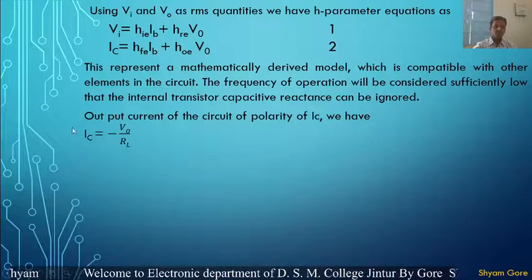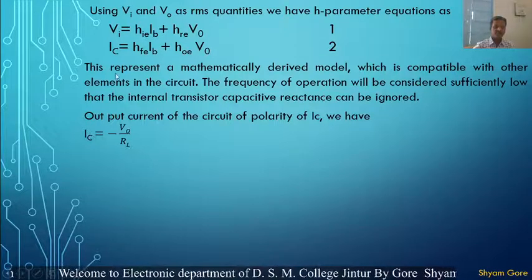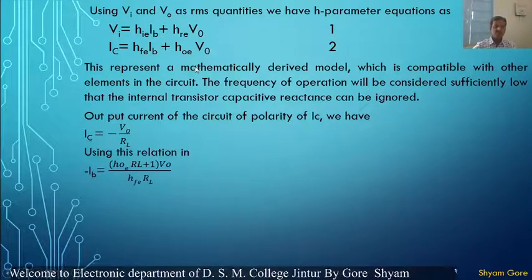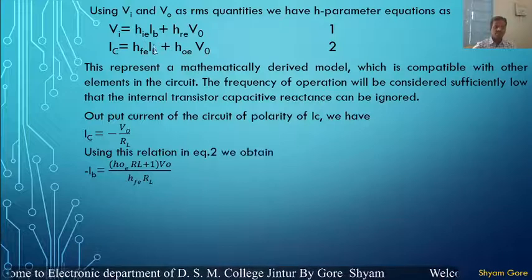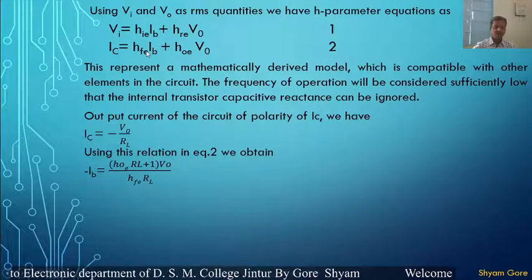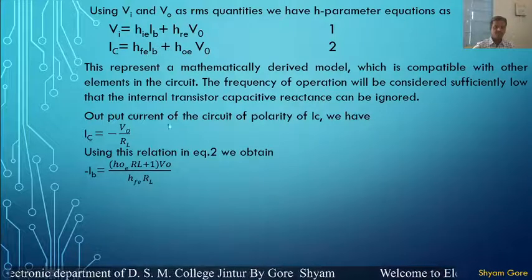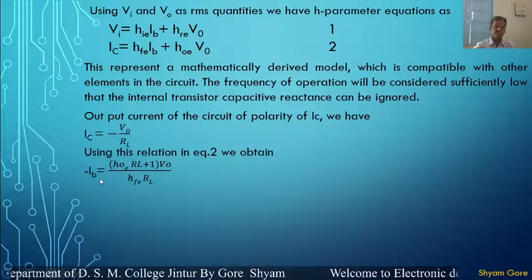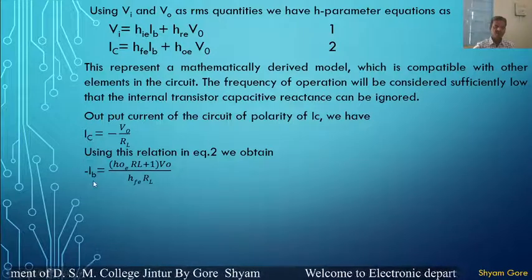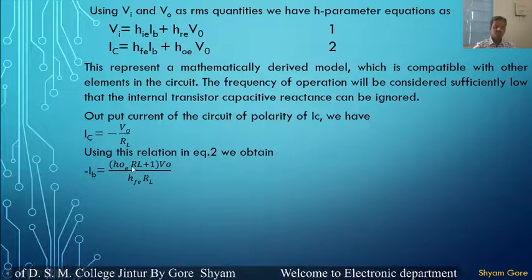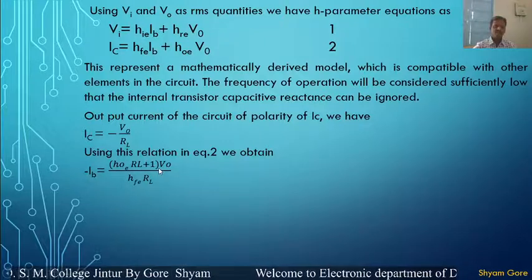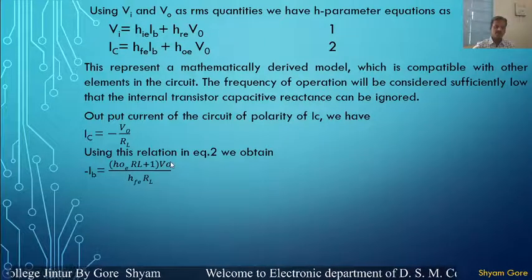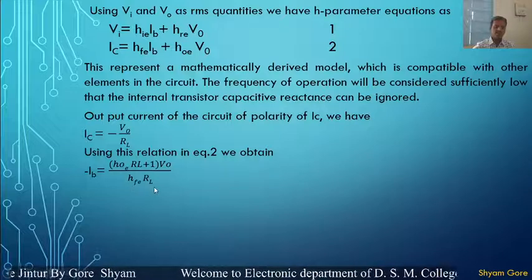So, let us substitute the value of IC in equation number 2, and from that equation we get the value of IB. That IB is equal to HOE into RL plus 1, where VO is common, divided by HFE into RL.